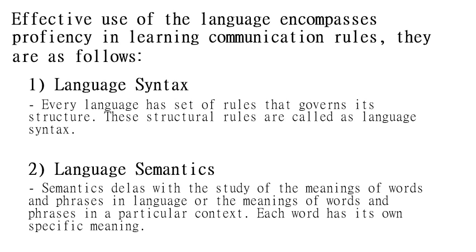Okay, so next sa semantics naman tayo, language semantics. So semantics deals with the study of the meanings of words and phrases in language, or the meanings of words and phrases in a particular context. So each word has its own specific meaning. So meaning is communicated through both a word's denotation and connotation.